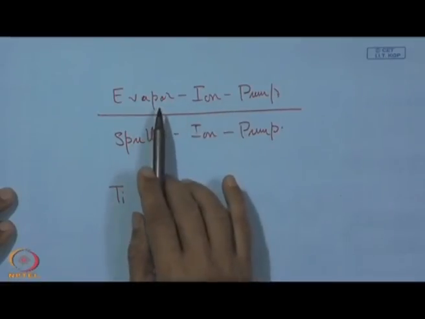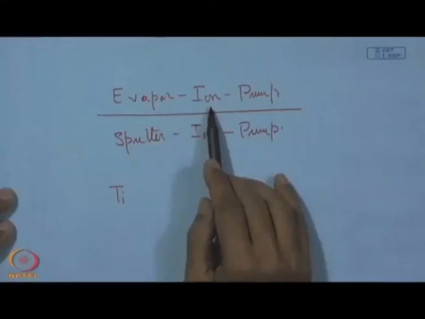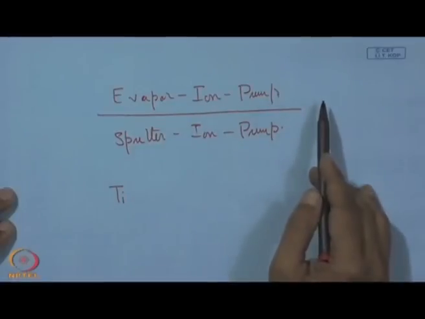That means titanium will be evaporated, gas will be ionized, and this evaporated surface of titanium will be polarized with negative potential, and this ionized gas will be attracted on this titanium coated surface, which is now serving as a cathode.